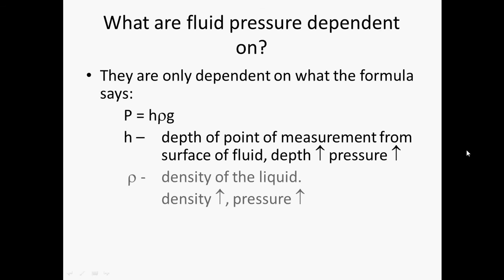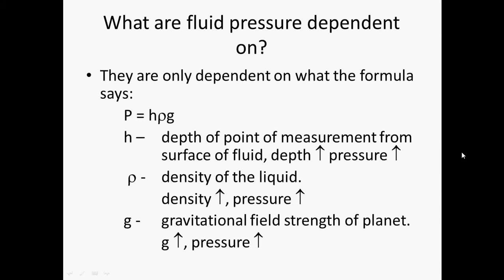The second is of course density. If you have a denser liquid, you will have a higher pressure. And lastly, gravitational field strength of the planet. The greater the g, the higher the pressure. Okay, so these are the only three factors that fluid pressure is dependent on.